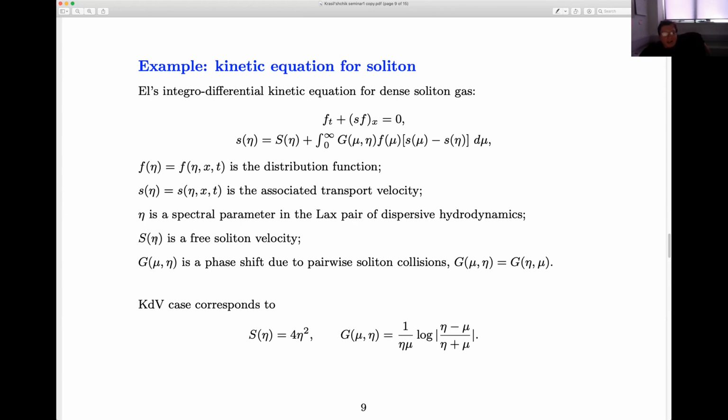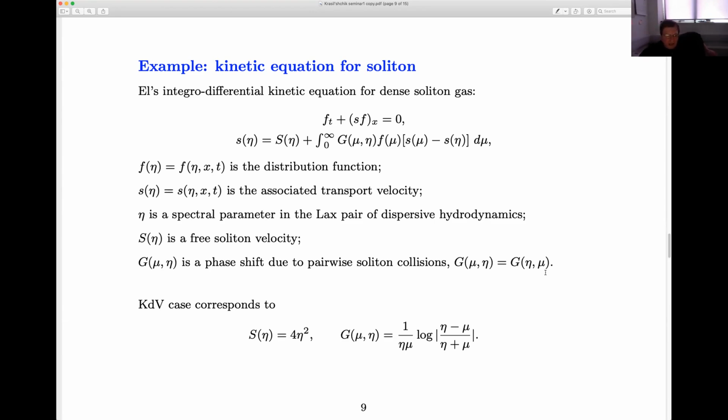This S of eta doesn't depend on x and t. It depends only on eta. And this kernel G of mu eta appears here, right? It also doesn't depend on x and t. And this is a phase shift due to pairwise soliton collisions. It's a symmetric quantity. G of mu eta equals G of eta mu.